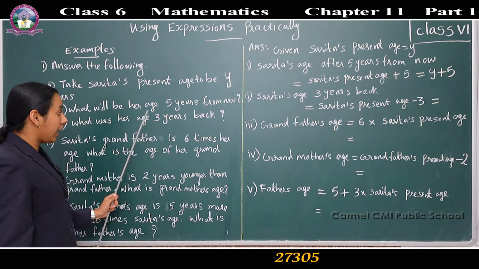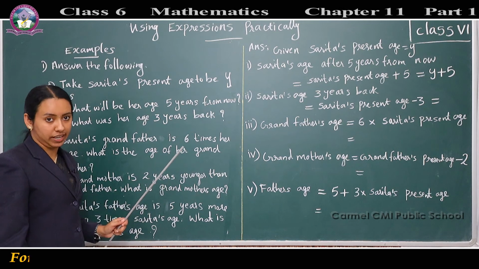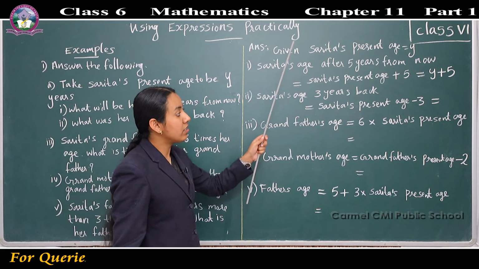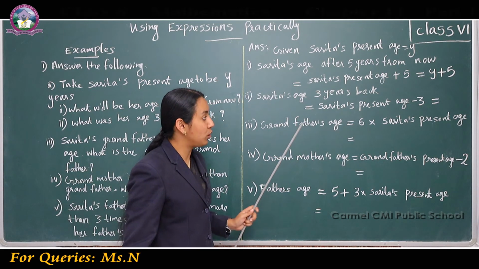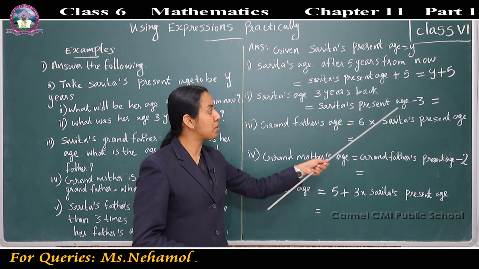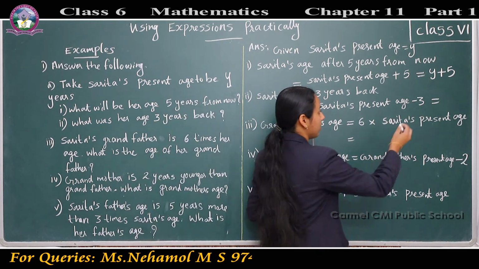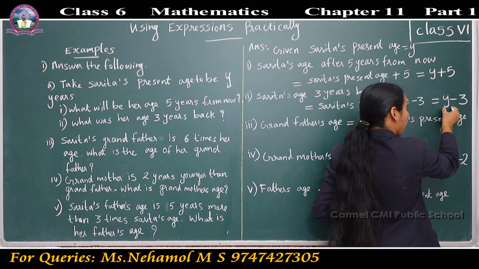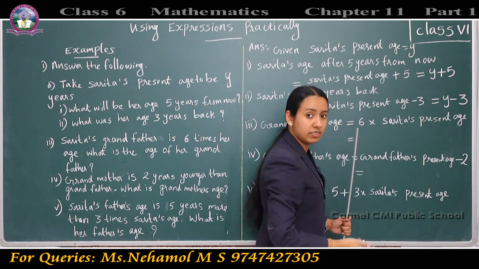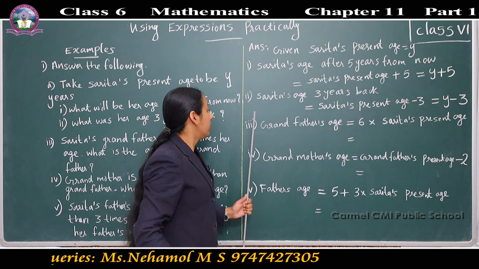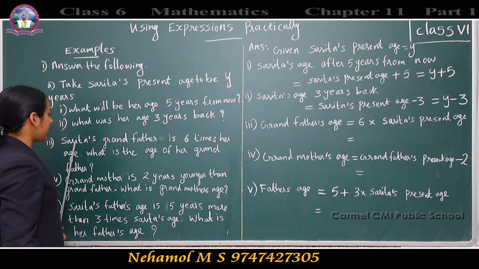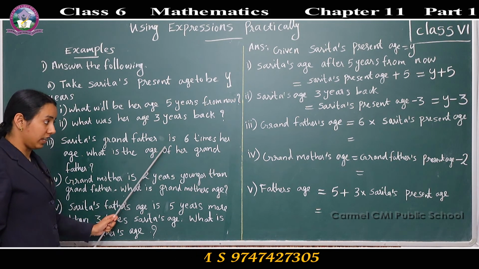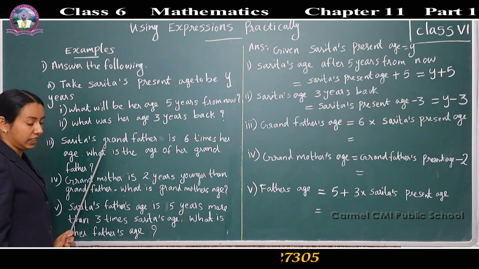Next question. What was her age 3 years back? Sarida's age 3 years back is equal to Sarida's present age minus 3. That is y minus 3 years. Then third question. Sarida's grandfather is 6 times her age.